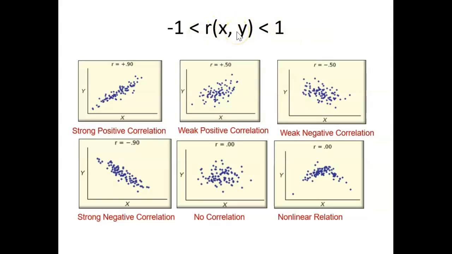Functional form is when you specify your regression model as linear, like we might have in these first two pictures on the left, but your data is actually nonlinear. So if we specify this nonlinear relation with a linear model, then we're going to end up with a poor regression model.